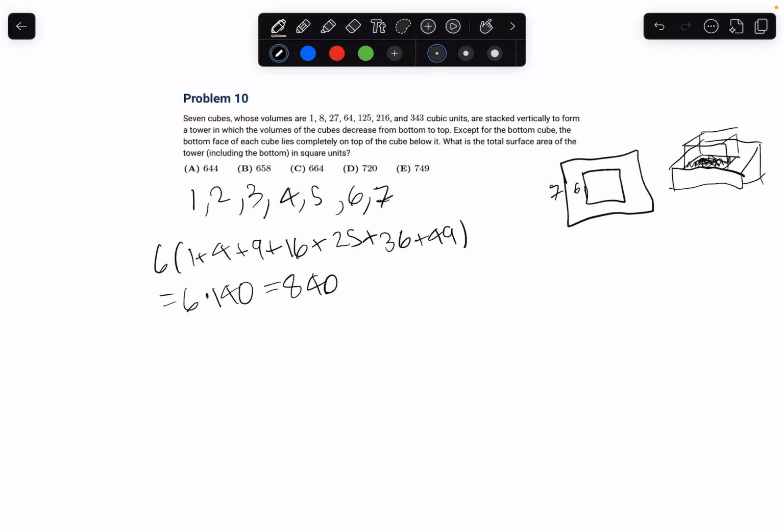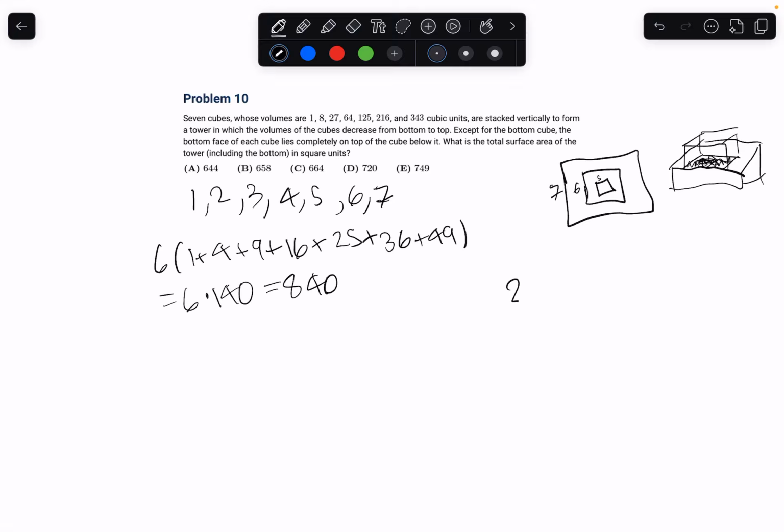And if we extend this idea to each of the cubes one after the other, we see that the next cube simply comes on top like this, and this is the 5 cube. And it also has an area like this that's covered by both the 6 cube and the 5 cube, which means we have to subtract twice one face area for each of these cubes, except for the 7 cube because its face touches the ground below.